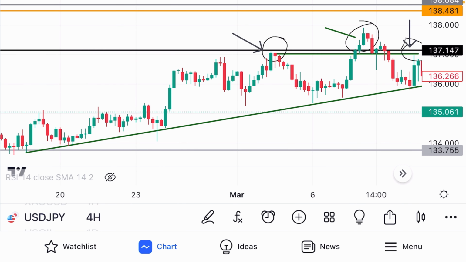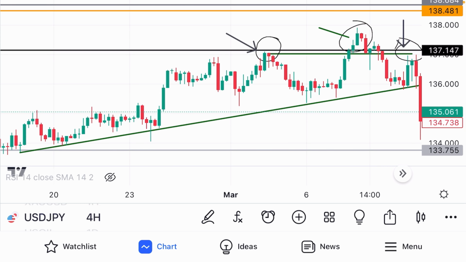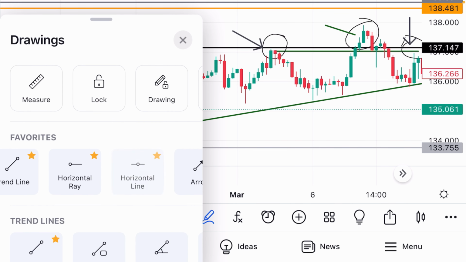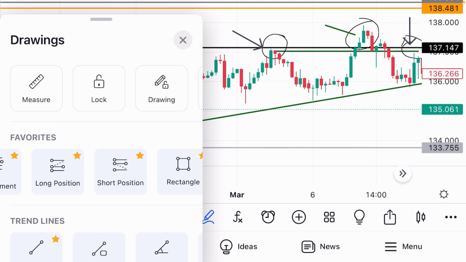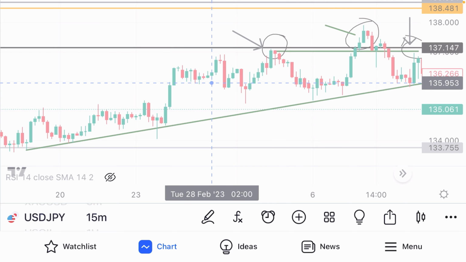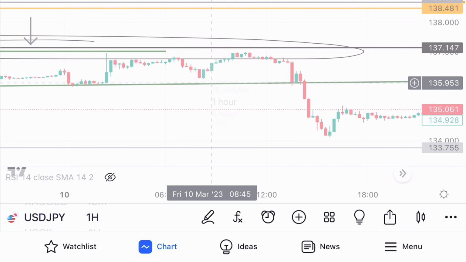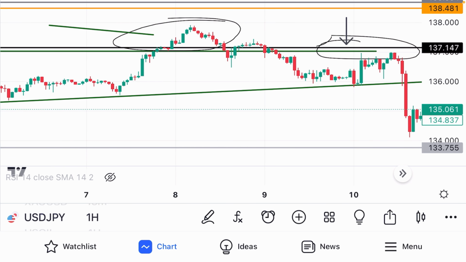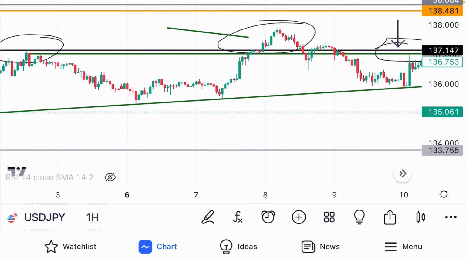As soon as I saw this, I was sure that prices were going to reverse. Remember that we're at the 4-hourly, and a 4-hourly reversal pattern is actually a strong pattern. So hop onto your 1-hourly time frame and look at what the price action is doing at that same time.